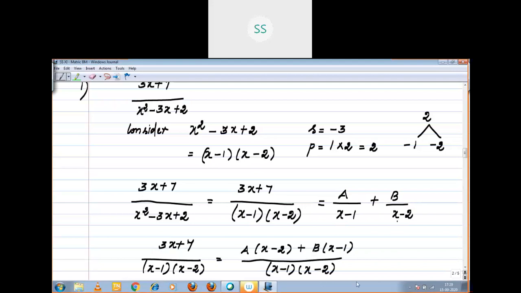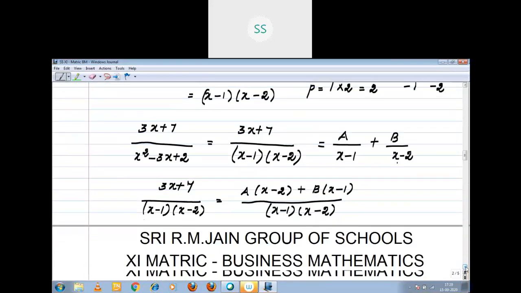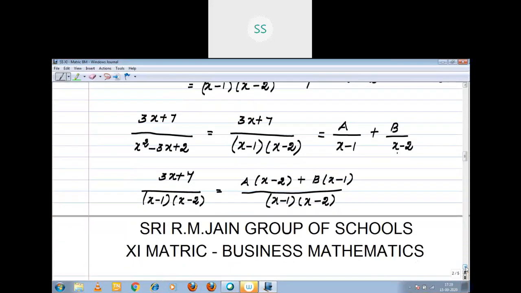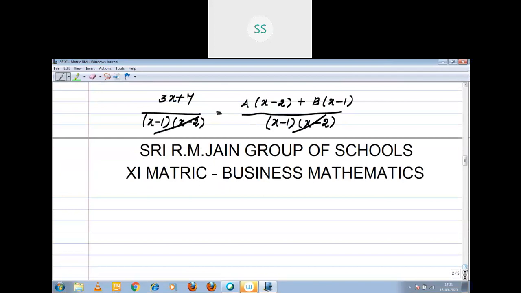On the right hand side, I made the denominator the same as what exists on the left side. If I do that, I can cancel and directly equate the numerators. Got it? First step, what you did? You modified the quadratic polynomial into linear. Then you separated, writing it in terms of simpler fractions. After that, you took the LCM on the right hand side.